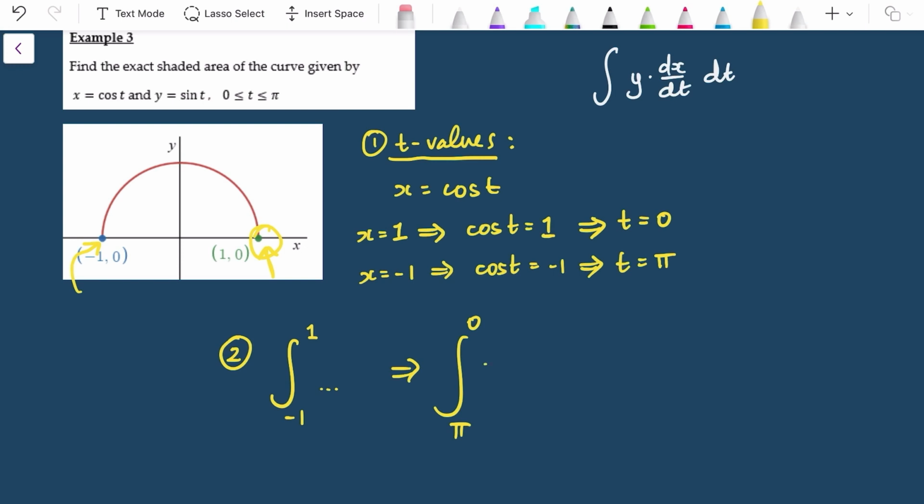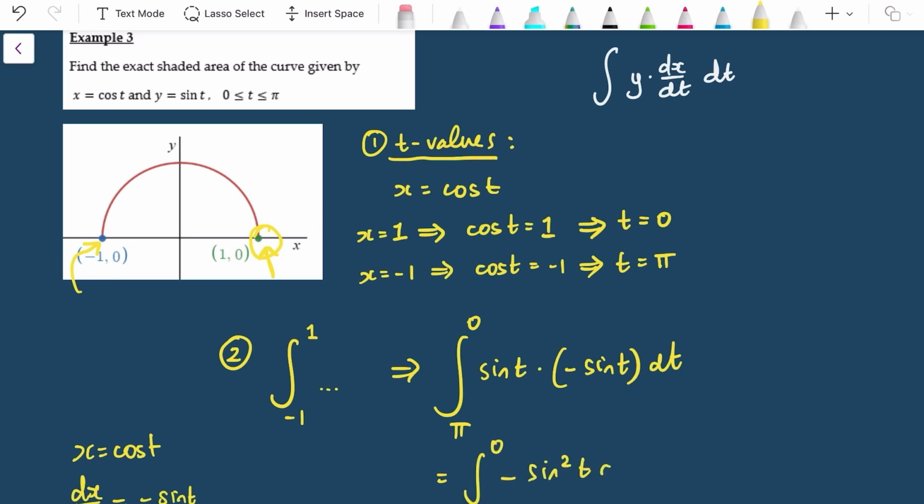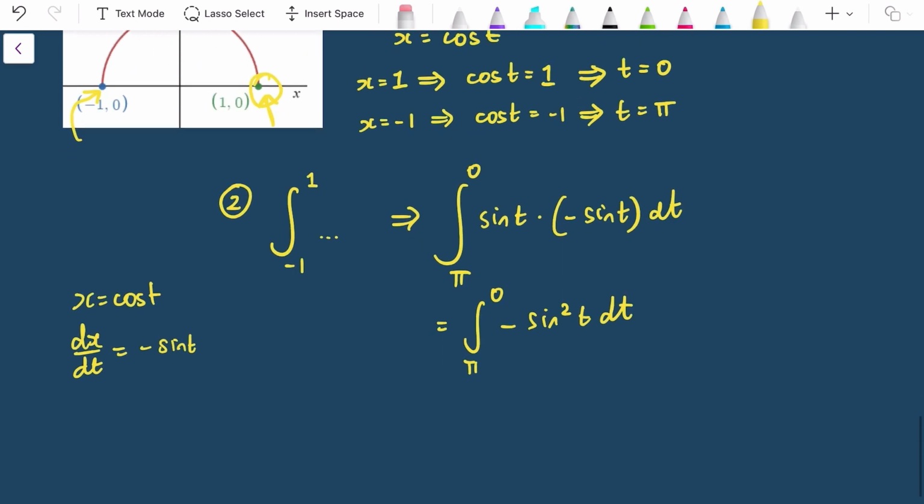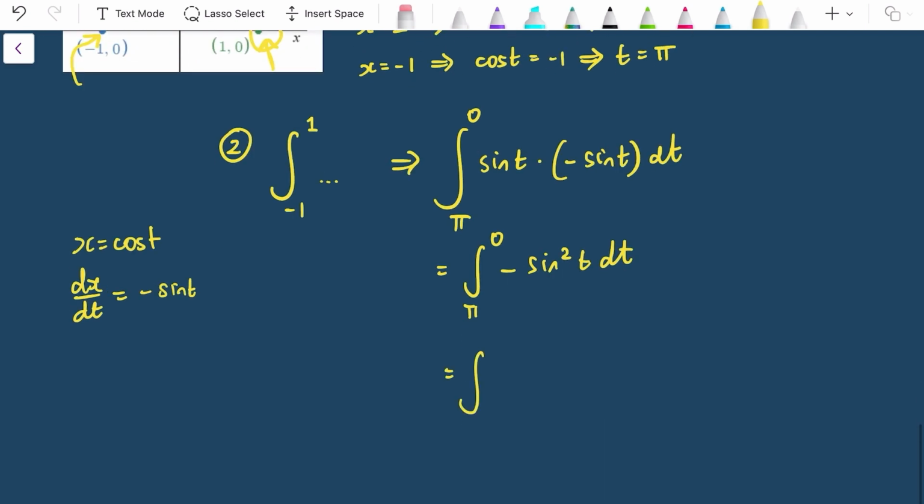So y is sine t, and if x is equal to cos t, then I know that dx/dt is equal to negative sine t. So it becomes sine t multiplied by negative sine t dt, which gives me between pi and 0 negative sine squared t dt. So again, I'm going to apply my swap rule here: between pi and 0 of positive sine squared t dt.